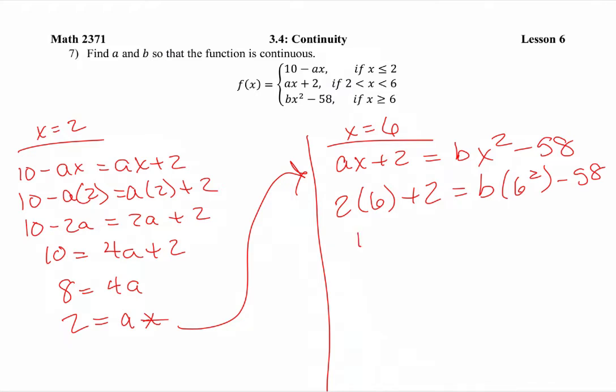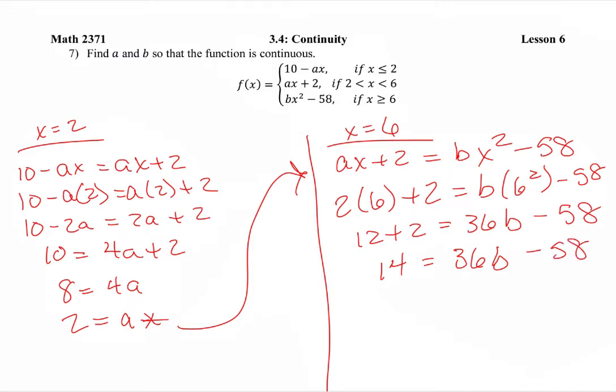So this is 12 plus 2 equals 36b minus 58. So that's 14 equals 36b minus 58. So that gives me 72 equals 36b, so b equals 2.